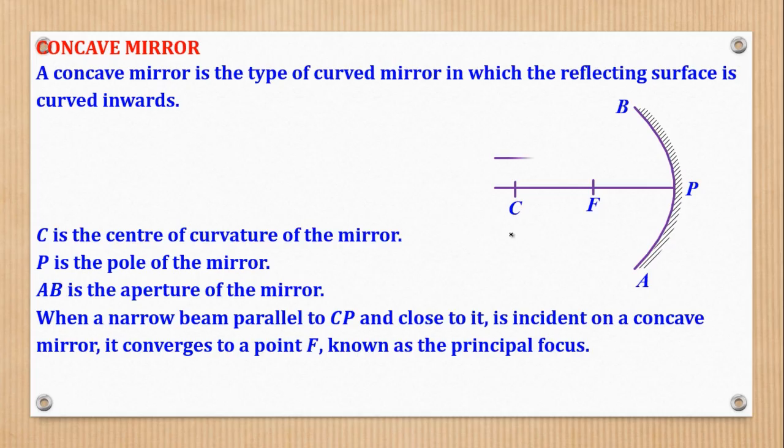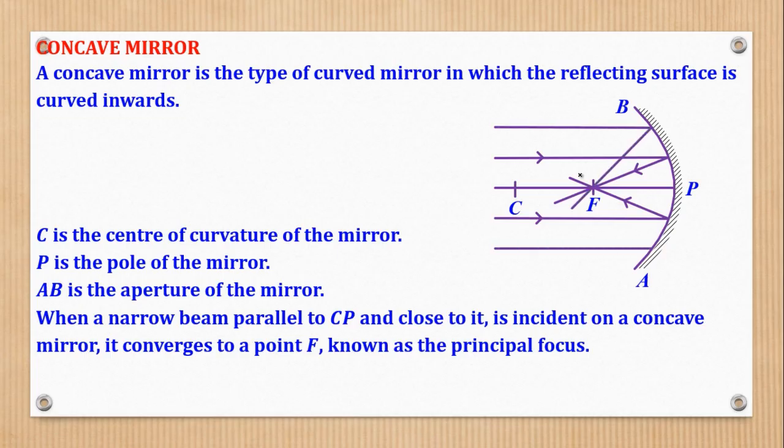So when you have a ray which is parallel to the axis, it will be reflected to pass through this point capital F. You can also have another ray to also converge at that point capital F. So capital F is what we call the principal focus.